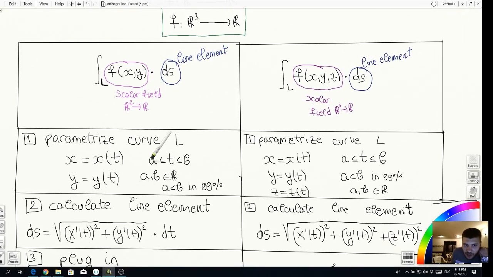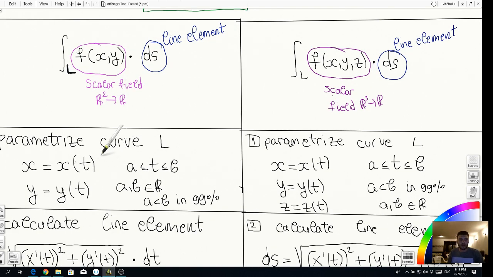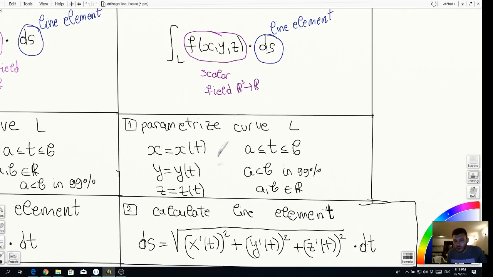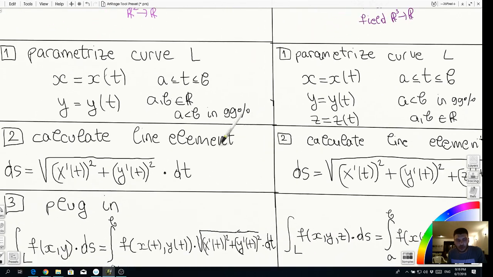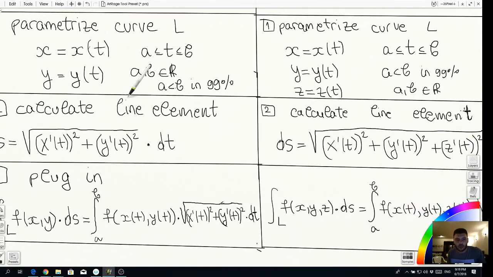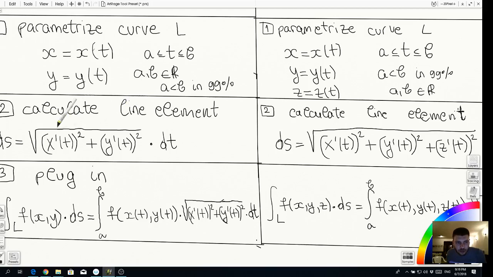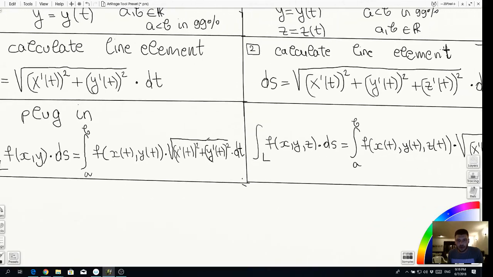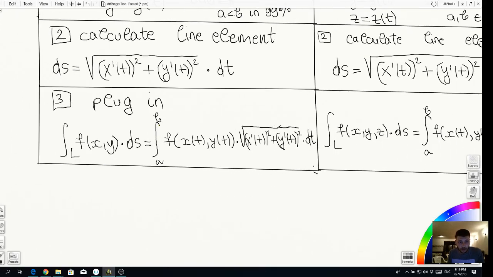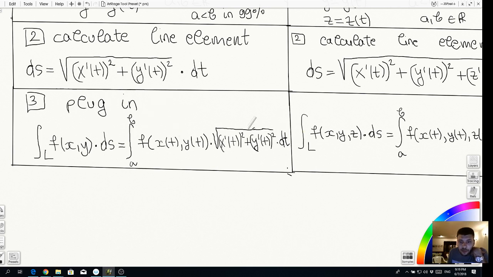And steps were: first step in 2D case was to parameterize our curve L with some parameter t, and in three-dimensional case similarly, but we just had one more variable. Second step was to calculate the line element ds. Then plug in everything.